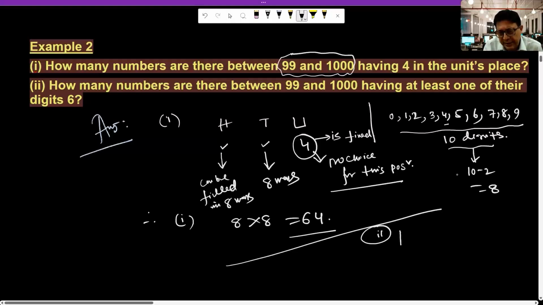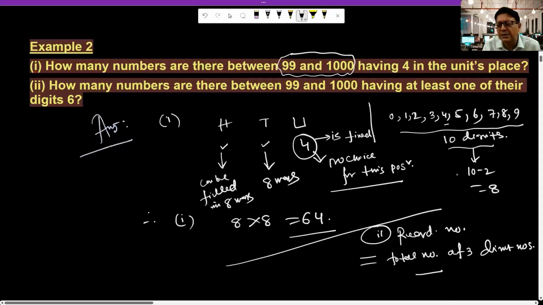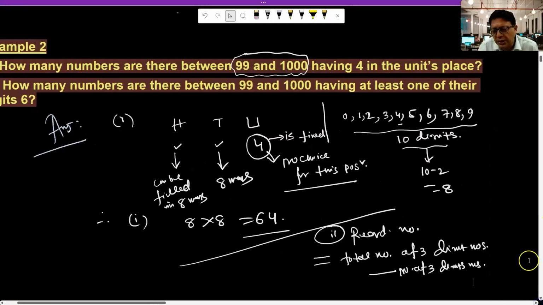Required number equals the total number of three-digit numbers minus the number of 3-digit numbers without 6 as any one of its digits. Clear?